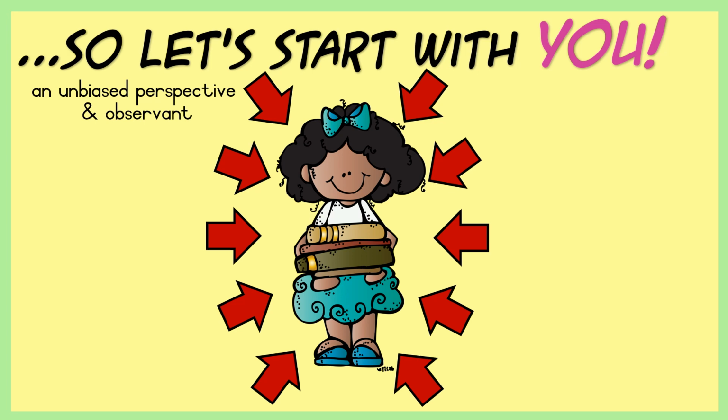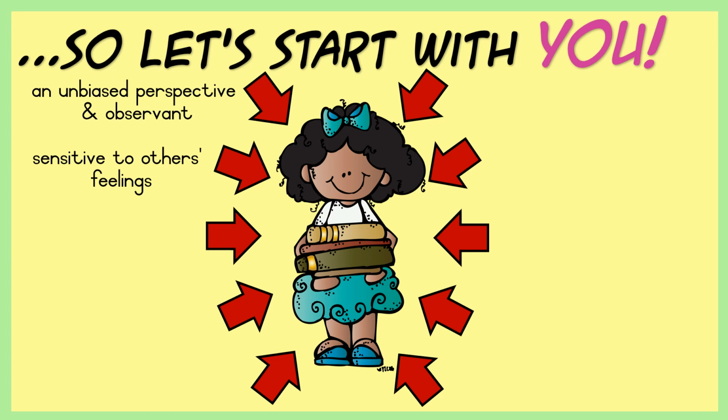We cannot look at the child through preconceived ideas. And when we're observant, it shouldn't be in order to strengthen what we already know about the child or think we know, but rather to get to know the child for who he or she really is.